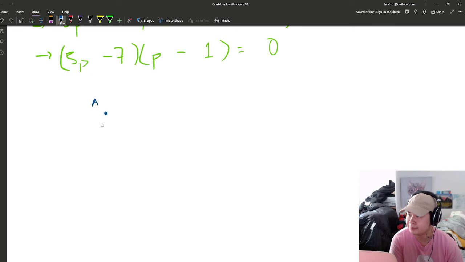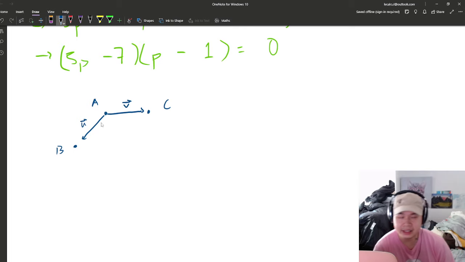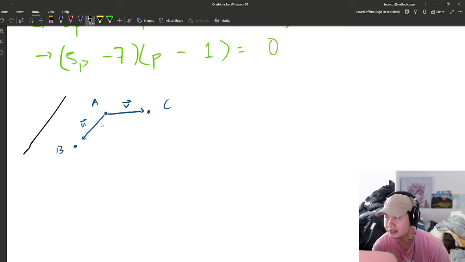So here's A, here's B, and then I'll just put C here. Doesn't really matter. So this is U, and then this is V, right? And then any two vectors will lie in a plane together. So imagine these guys are contained in this flat plane.